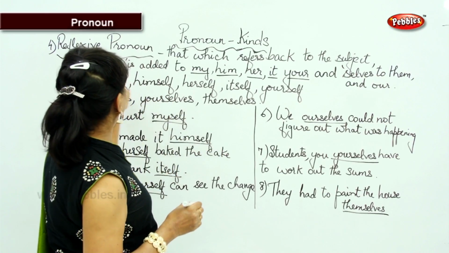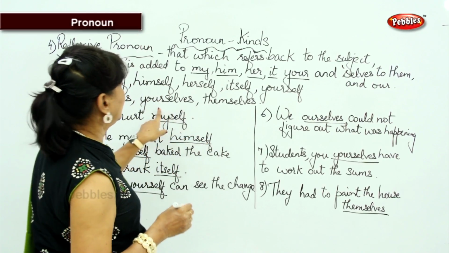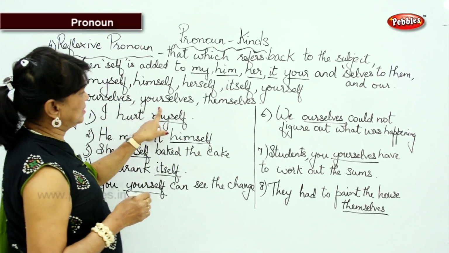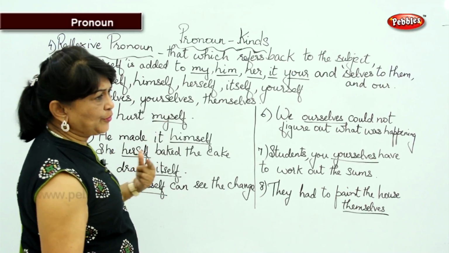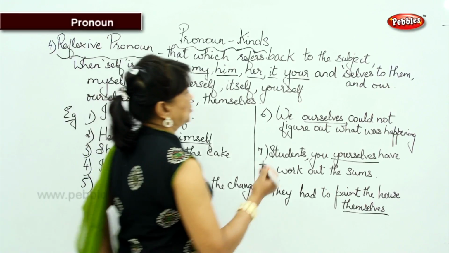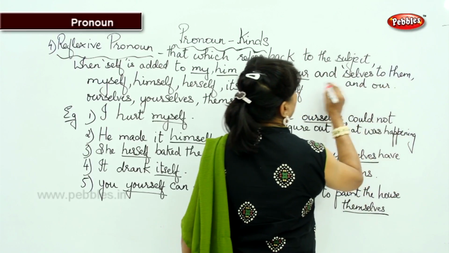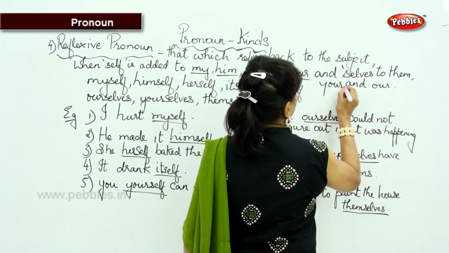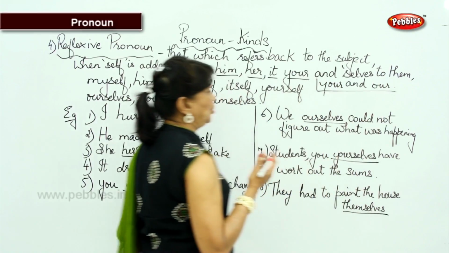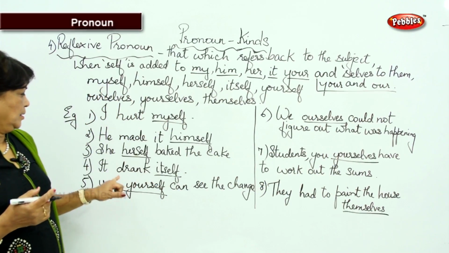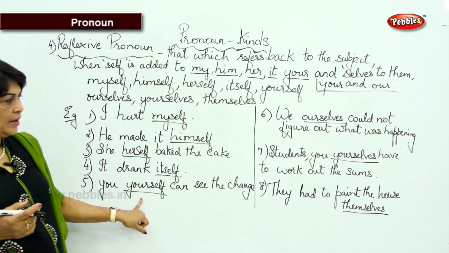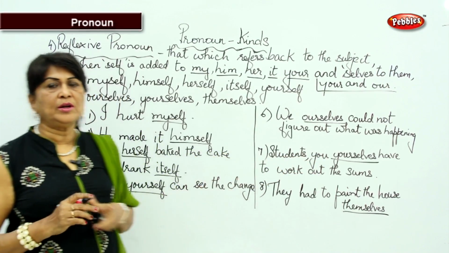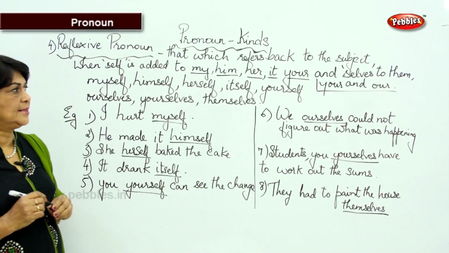That is themselves and ourselves. Yourselves again, you stands both for singular and plural. So you can add here and then them, your and our. Your stands both for say yourself and yourselves, both for singular and plural, it stands the same.